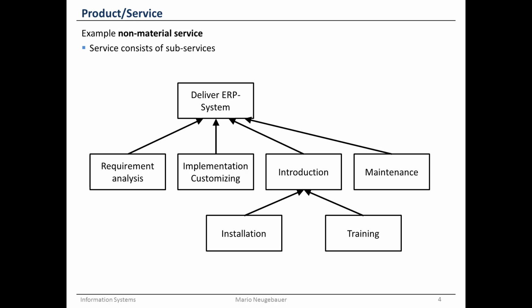Then, if you decide on certain modules, for example, in the ERP system, you would do the implementation and customization. So you would install, and you would maybe do some programming for the fulfillment of the requirements. This would be the implementation and customization phase.